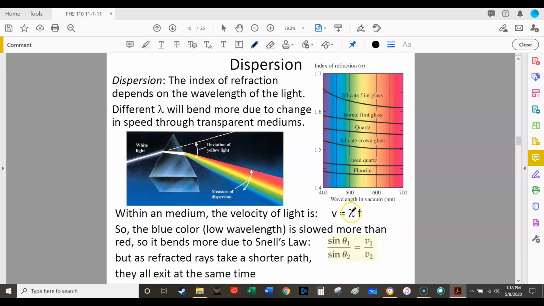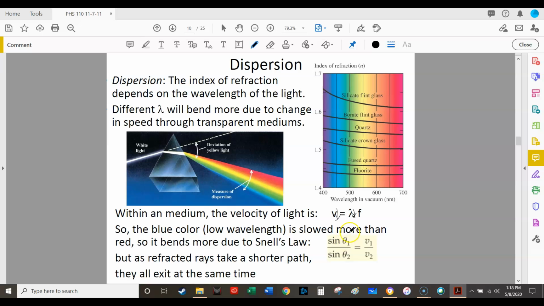So if you have blue, which is a lower wavelength, when it hits a new medium it's going to be slowing down more. And if it slows down more, that means it's going to be refracting or bending more, okay?